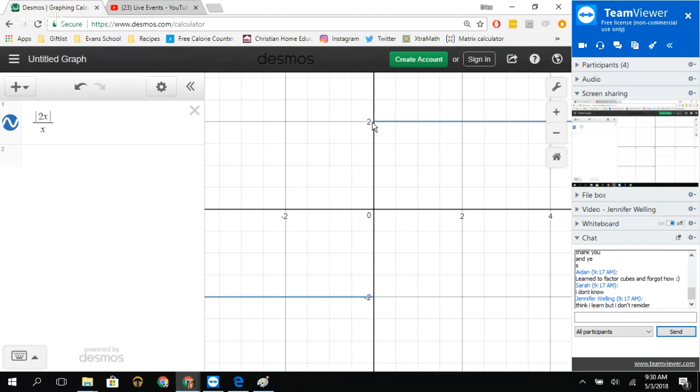So there actually is not a limit as x approaches 0.